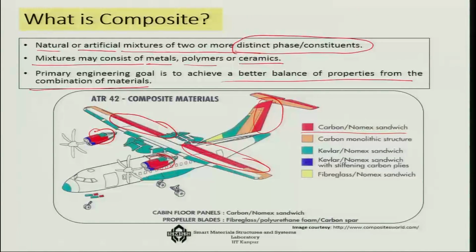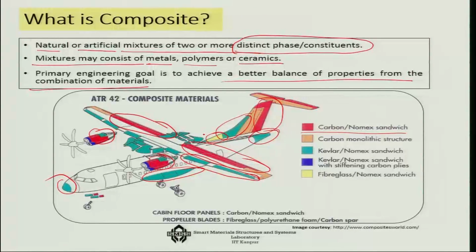Then the Kevlar Nomex sandwich, the green part, is used in the fuselage, in the tip of the wings, and in the front part of the radar and the back side. Similarly, the fiberglass Nomex sandwich, the yellow part, is also used in some sections.